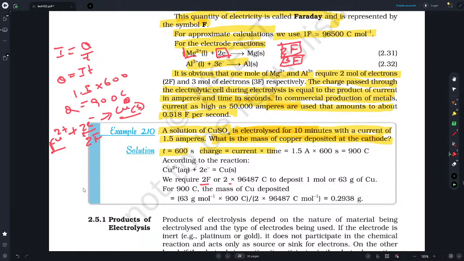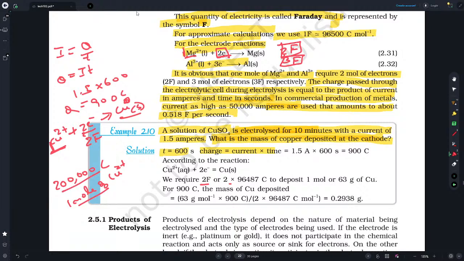That is basically what they are saying: if you want to deposit 1 mole of copper, we need 2 into Faraday, which means approximately 200,000 coulombs of charge to deposit 1 mole of Cu2+ on the electrode.